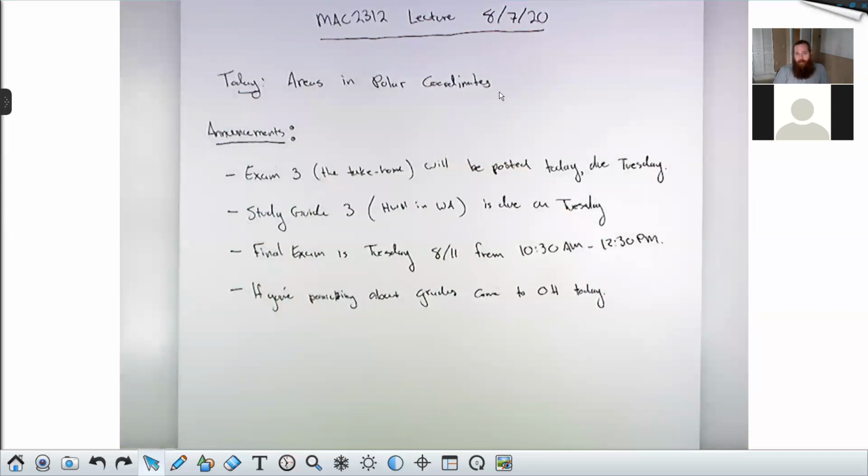If you're panicking about grades, if you're worried that you're in a position where you can't possibly succeed in the course, where you're going to earn like a D or an F and it won't be okay moving forwards, come see me in office hours today and we can talk about the options. I can sometimes do a late withdrawal. It depends on whether you're dual enrolled and what kind of financial aid you get and a whole bunch of other things. So I can't make any promises, but in many circumstances, I am able to do something like that.